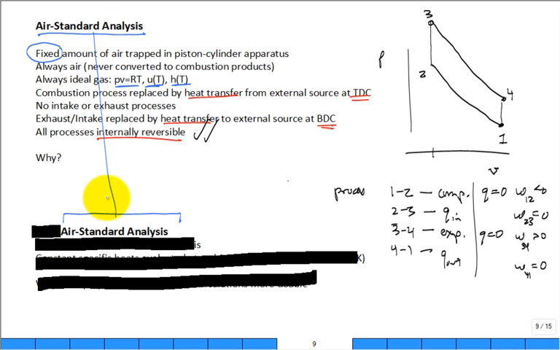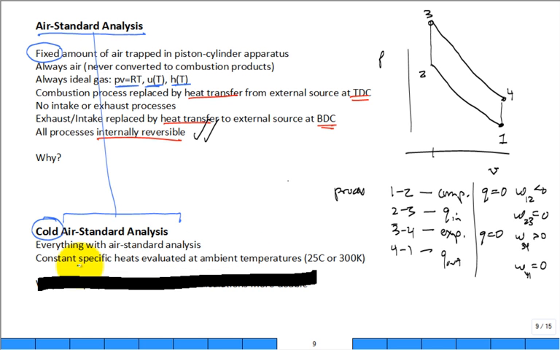Now, we can make the analysis even simpler. It's the air standard analysis. If the word in front of it says cold, a cold air standard analysis, then it's even simpler, because you assume that the specific heats, which you use to model changes in internal energy and enthalpy, are evaluated at the ambient temperature, either 298 Kelvin or 300 Kelvin.